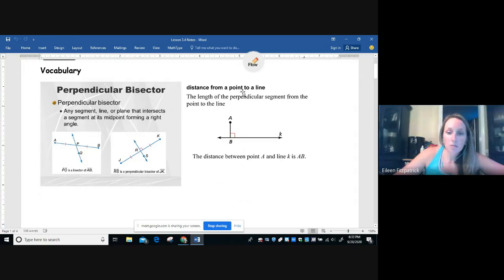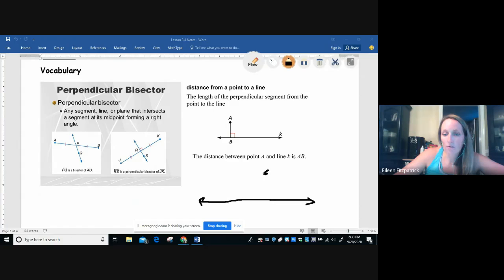And here, distance from a point to a line: the length of a perpendicular segment from a point to a line, okay? The distance between point A and line K is AB. So if you have a line, I'll just draw another quick little diagram. If you have a line, imagine that's straight, and then you have a point not on the line.